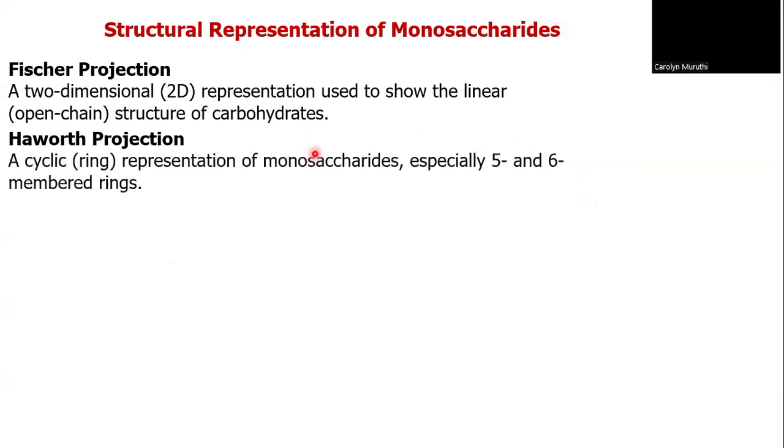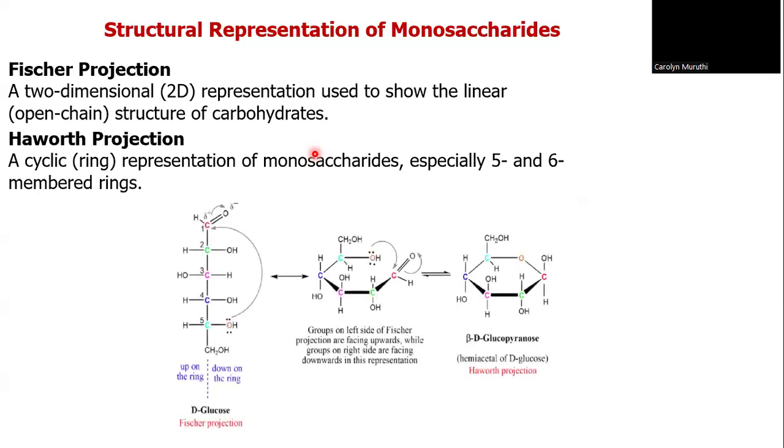On the other hand, the Haworth projection is a cyclic or ring presentation, which is the major way monosaccharides with 5 and 6 carbons are presented. Here we have a representation of glucose in the Fischer projection. Remember, it's linear, open chain, and a Haworth projection is when it is cyclic in nature.